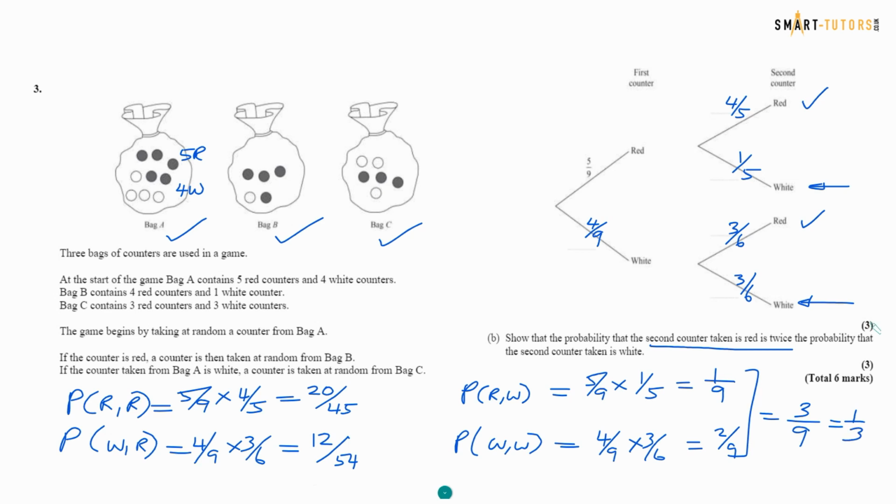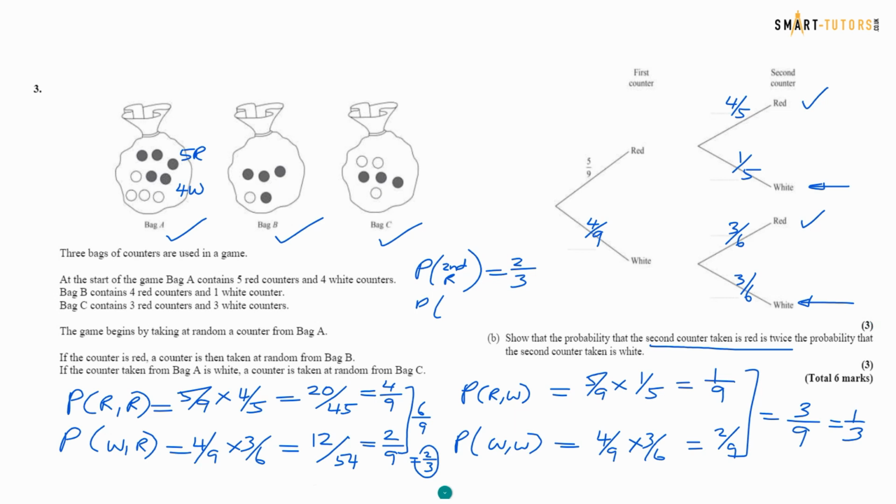Now they are asking you to simplify this one. So I'm going to simplify this one. 5, 4, 5, 9. And this one 2 upon 9. So if I add this one, 6 upon 9, which is 2 upon 3. So probability of the second counter red is 2 upon 3.